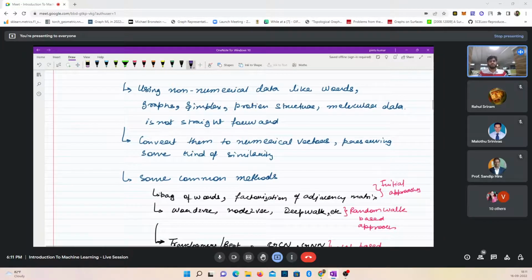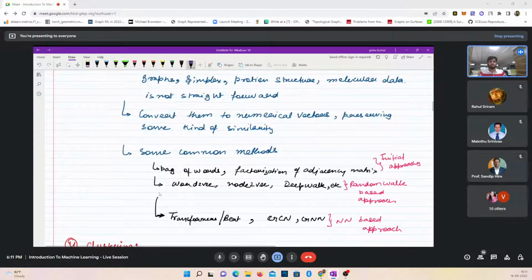If we look at some of the traditional methods to do embedding, these can be bag of words, which I mentioned, for your texts. You might also have seen data types of this type. This is something called a graph, if you look at it mathematically. These are your nodes and there are some edges between these nodes. Many real-life data exist in the form of graphs, and in many applications you can convert your data into graphs.